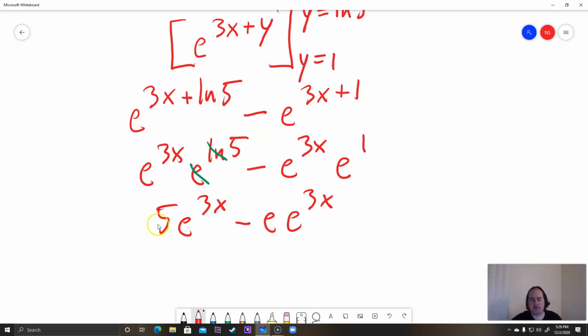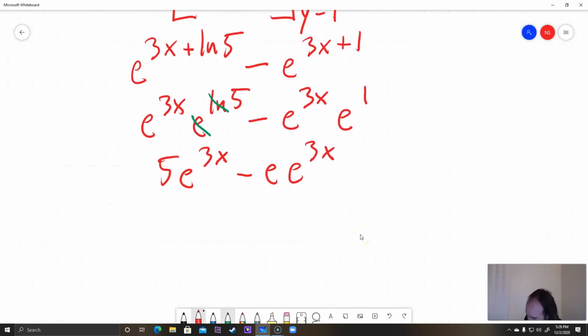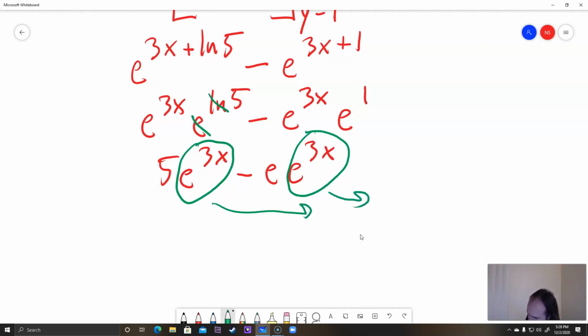Well, I know that 5 and negative e are both constants. So that means I can actually factor the e to the 3x out, and then the rest of this is going to be a constant. So if I factor out the e to the 3x, and I bring it out here, then we're going to be left with 5 minus e times e to the 3x.